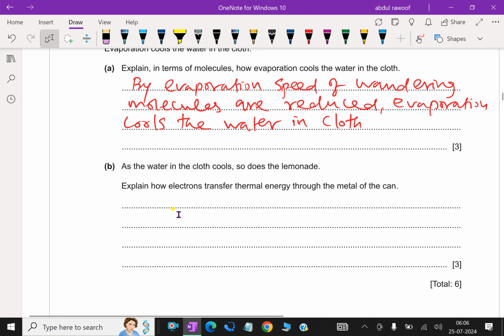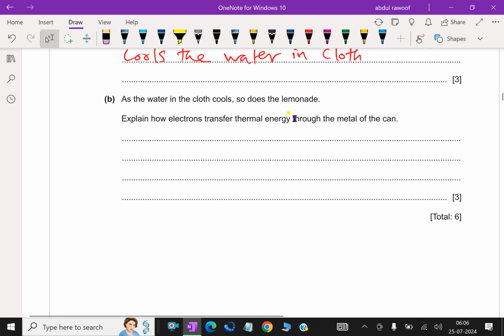Next, as the water in the cloth cools, so does the lemonade. Explain how electrons transfer thermal energy through the metal of the can. That means it's by conduction, convection, and radiation, three forms.